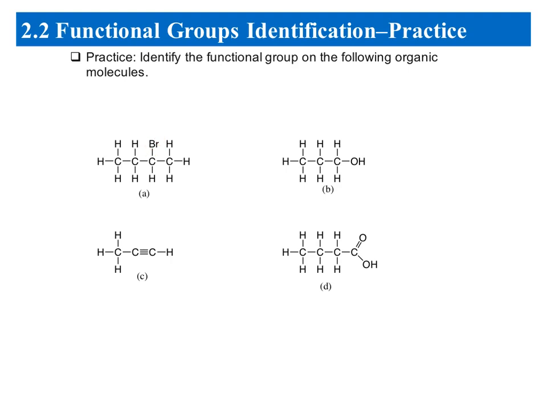So this is an alkyl halide. Halide is the anion for the halogen. So specifically here, our halide is bromide. So we can call this molecule alkyl bromide.